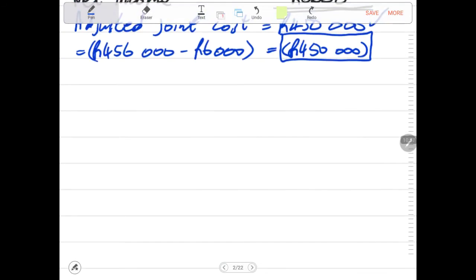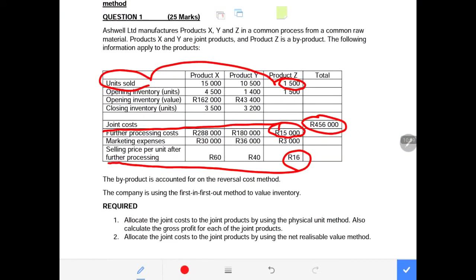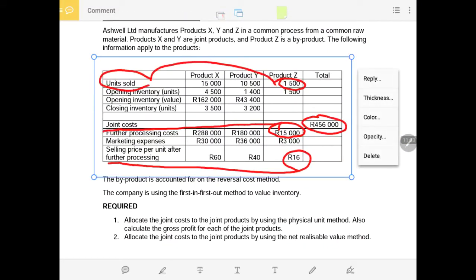Now we need to allocate our joint cost using the physical unit method.